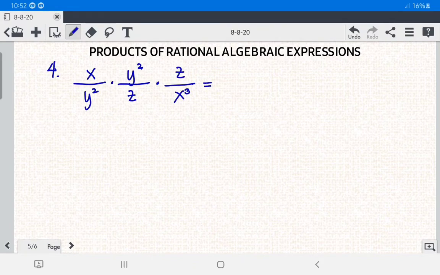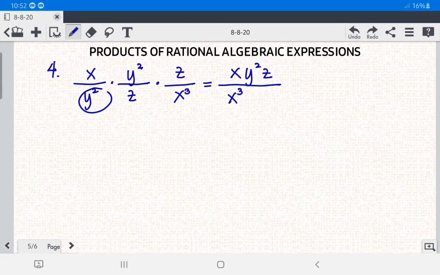Okay, so here, what you are going to do is multiply the numerators, x times y squared, and then x over, let us rearrange this one, we have x cubed, the next is y squared, and then we have z, right? Because if you're going to multiply x squared times y times z times x cubed is equal to x cubed y squared z.